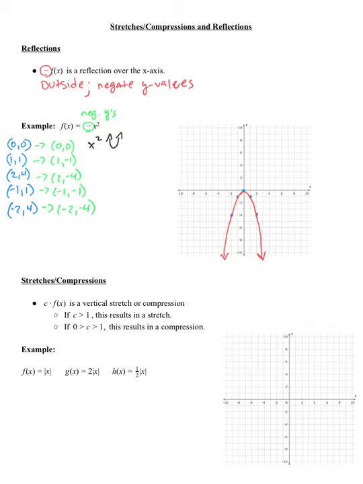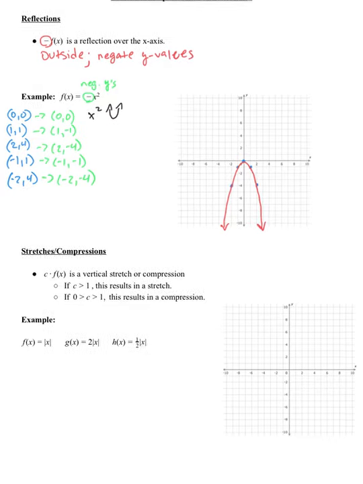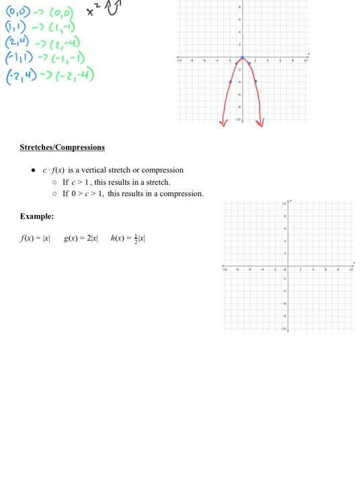All right, let's move on to some compressions and stretches. This happens when you have a constant out in front multiplying the function. So again, this constant is on the outside, so this is only affecting, we are multiplying our y values.